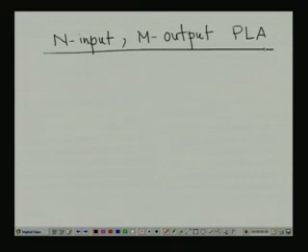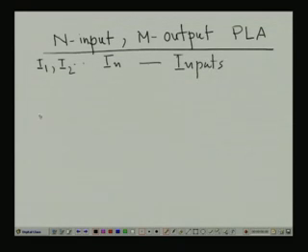First, we will consider the programmable AND array. As it is an n input, there will be 2n number of lines. Say my inputs are I1, I2 to IN, and these are my inputs and outputs are O1, O2 up to OM.